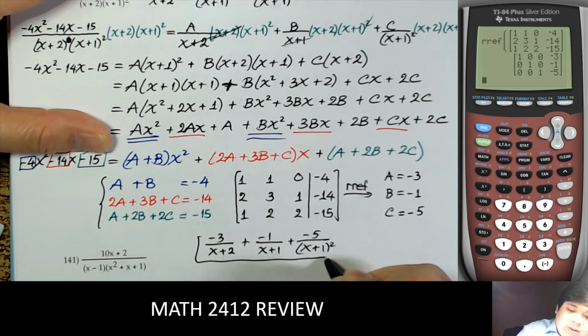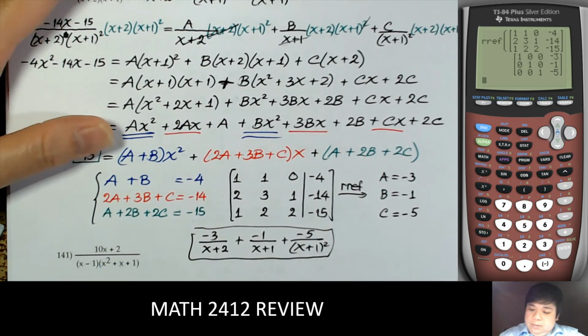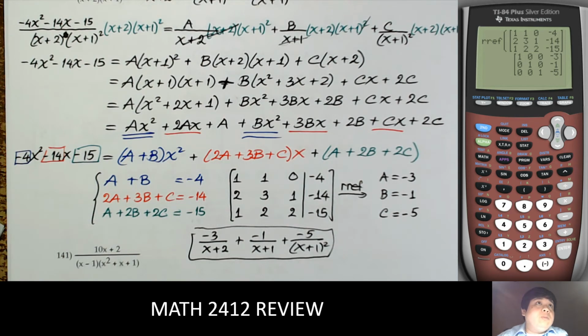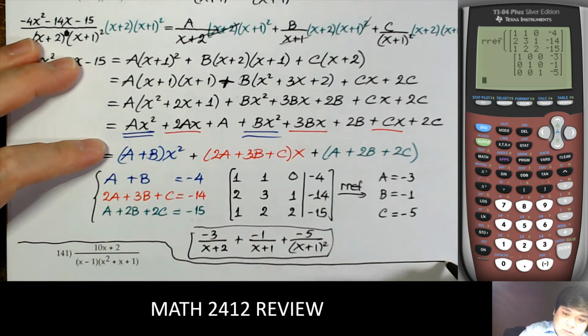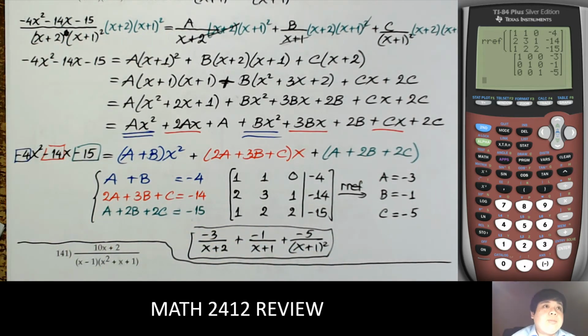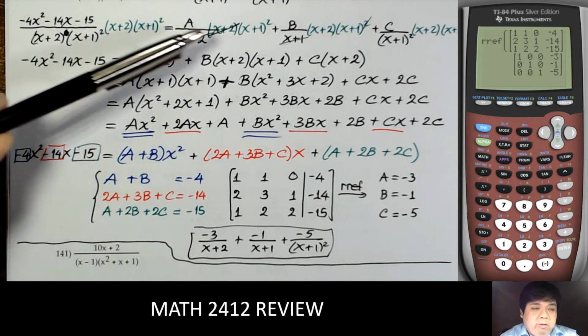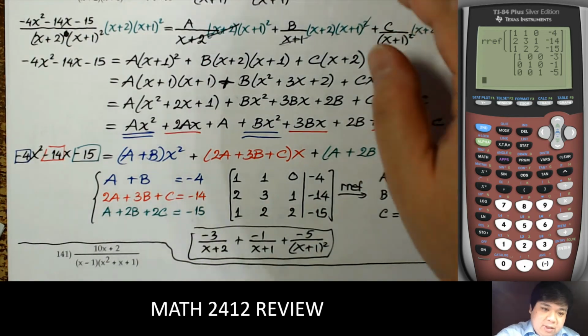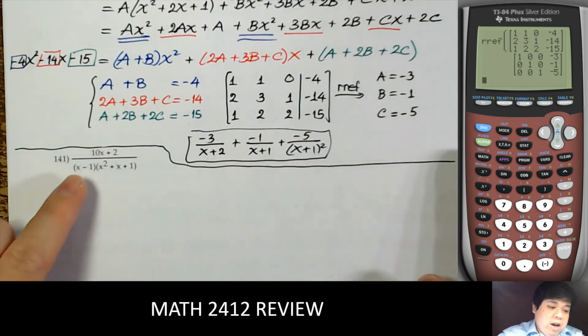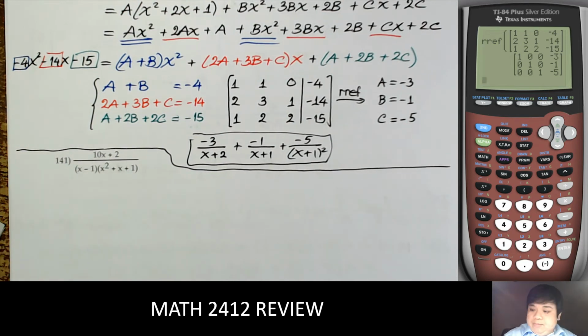So that's what we have. That is where we have the repeated factors, so we should have two of them. Right, next we have a linear and a quadratic.